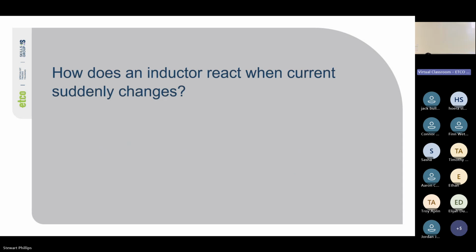Cool. So how does an inductor react when the current suddenly changes? What kind of reaction does an inductor have to current change?